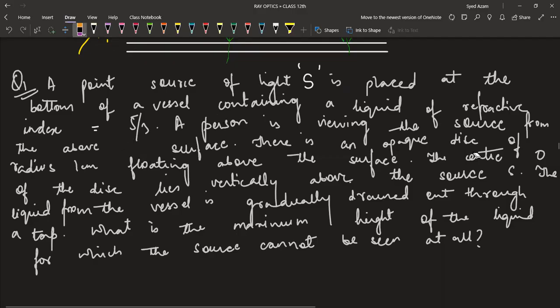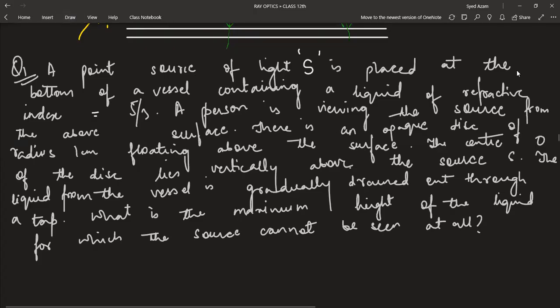There is an opaque disc of radius 1 centimeter floating above the surface. The center O of the disc lies vertically above the source S. The liquid from the vessel is gradually drained out through a tap. What is the maximum height of the liquid for which the source cannot be seen at all? Write down this question.